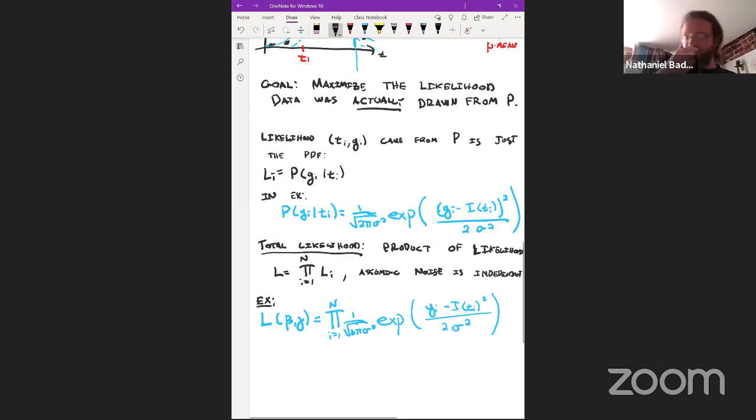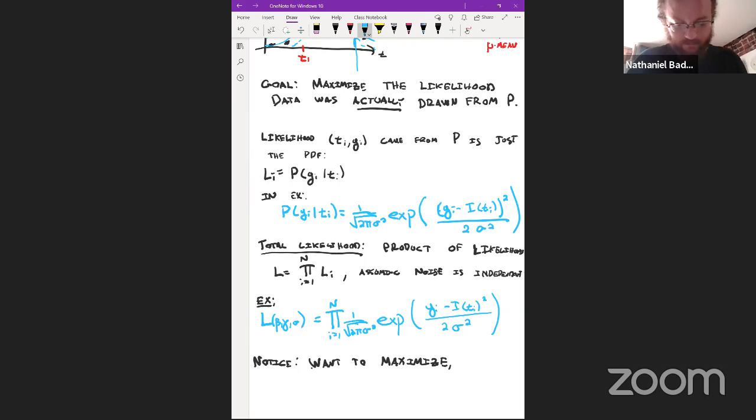So in our example, we have this. Now here's the thing to notice. If we want to maximize this, oh, I've made a huge mistake here. I apologize. There's another parameter in here, since sigma is clearly a parameter.